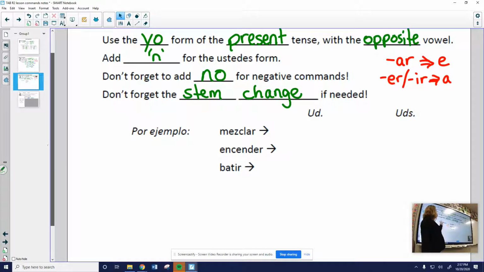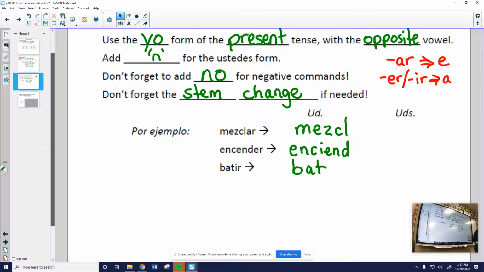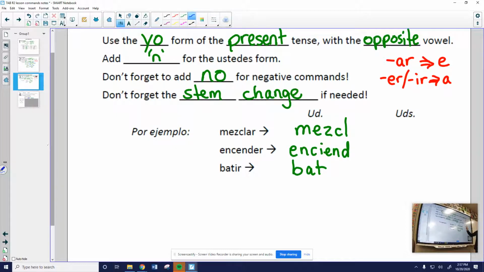So we can use the same pattern to make both affirmative and negative usted and ustedes commands. For example, mix, turn on, beat. We could say mezclo, enciendo, bato. And we add the opposite ending.